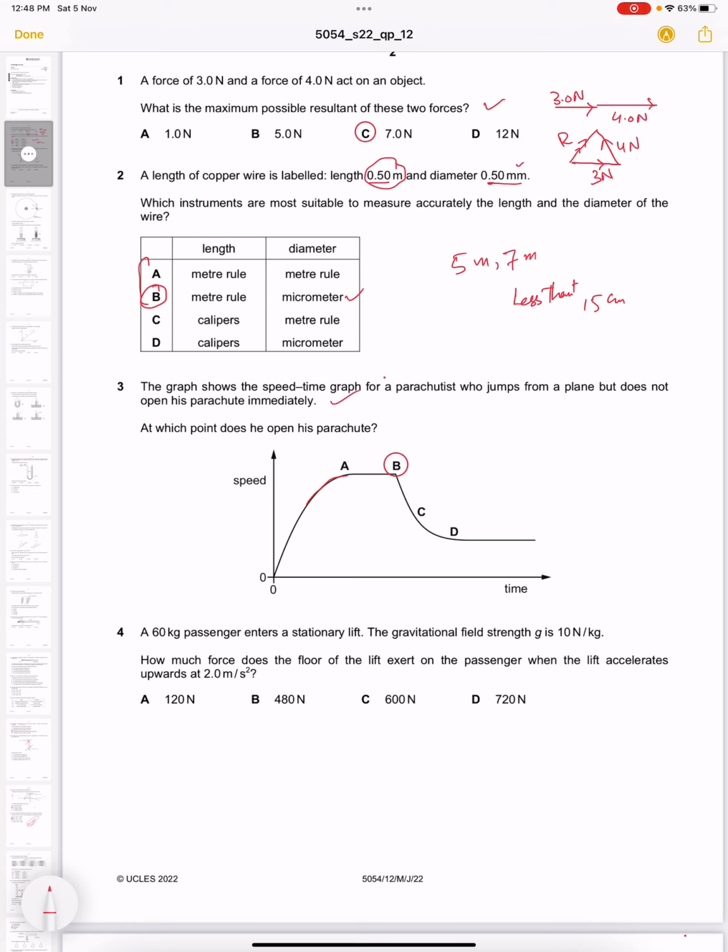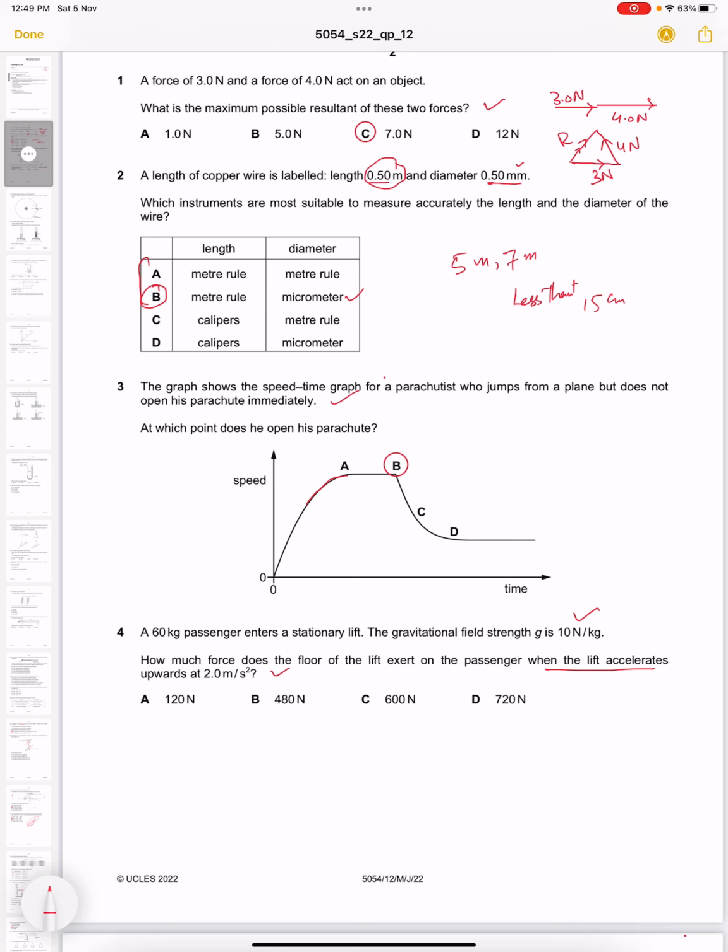Next question. A 60 kg passenger enters a stationary lift. The gravitational field strength is 10 Newton per kg. How much force does the floor of the lift exert on the passenger when the lift accelerates upwards at 2 meter per second square? That's a little trickier question. Basically in this question we have to use the concept of net force.